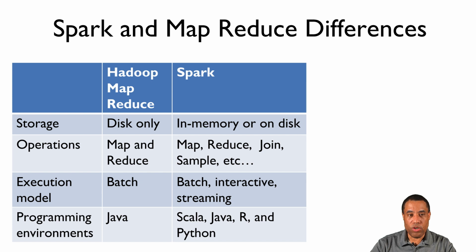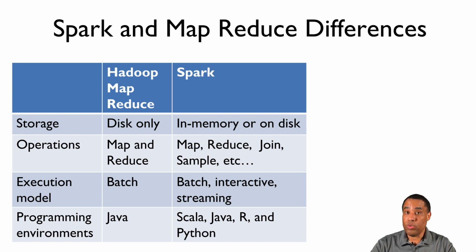Okay, so I don't want to go through this table in full detail, but the important takeaways are that the execution model is different between MapReduce and Spark. In MapReduce, you can only do batch execution: you give a program and it runs. Whereas in Spark, we can do that, but we can also work with our data interactively at a command prompt and run operations.